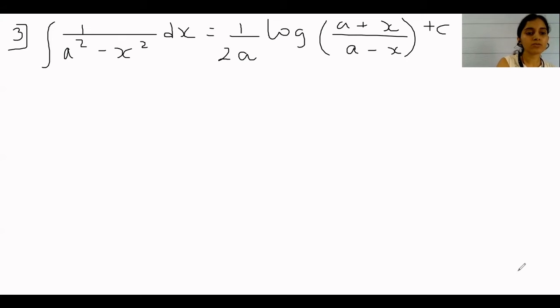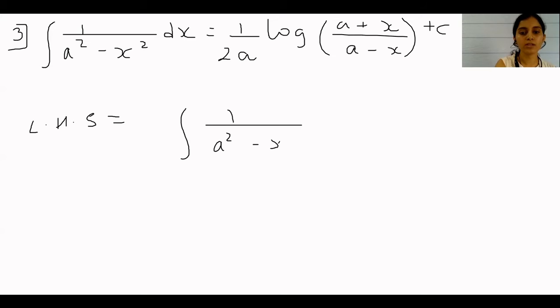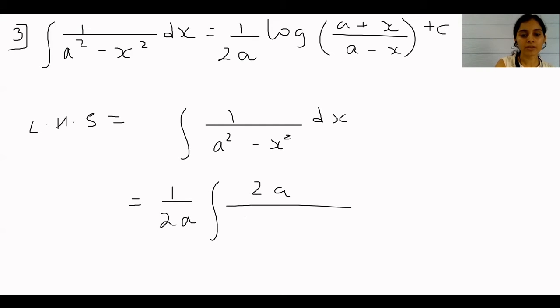We take LHS equal to the integration of 1 upon a square minus x square dx. Since there is 1 upon 2a, we can multiply by 2a in the beginning, and write the factors here, a minus x, a plus x, dx.